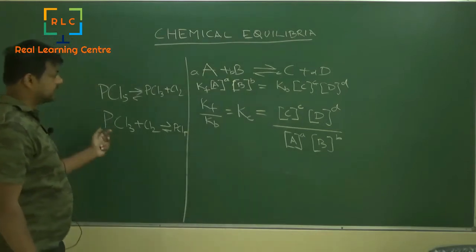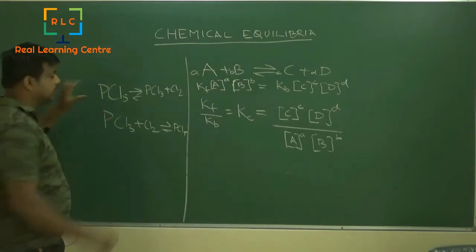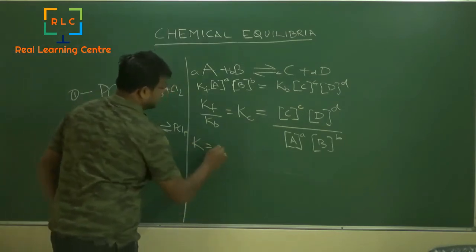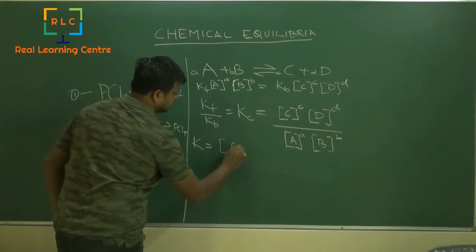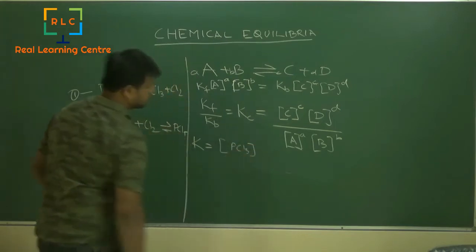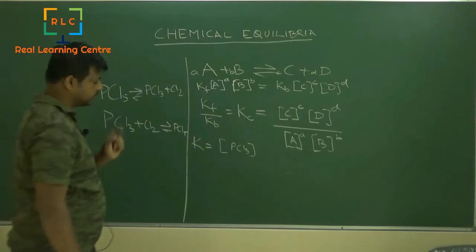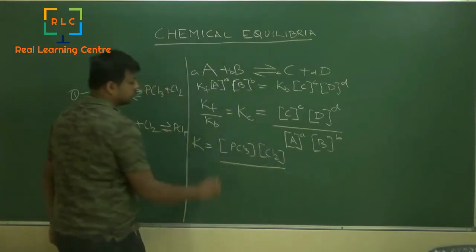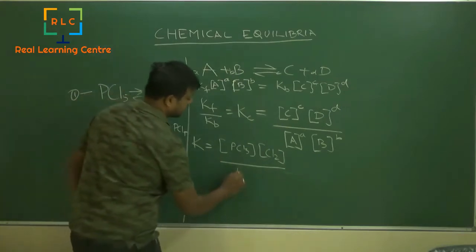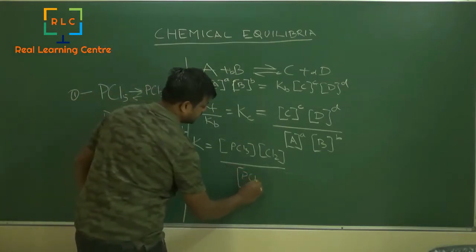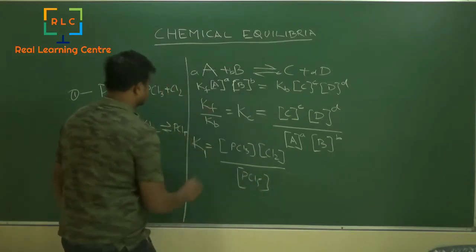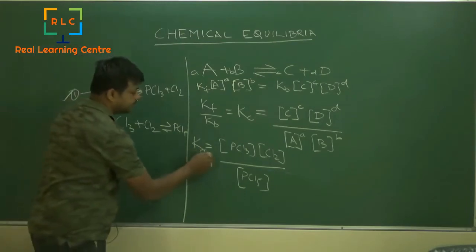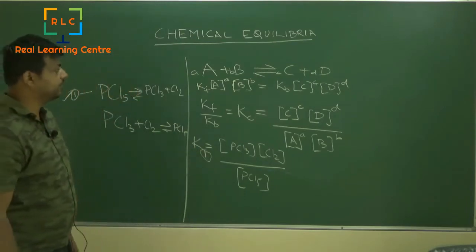In equation 1, your equilibrium constant was given by the concentration of PCl3, whose stoichiometric coefficient is 1, so it will be raised to just power 1, times the concentration of Cl2, again with stoichiometric coefficient 1, divided by the concentration of PCl5. This is for reaction number 1, K1.